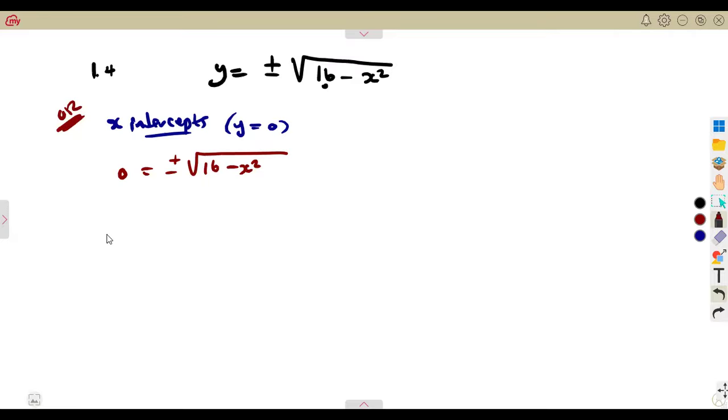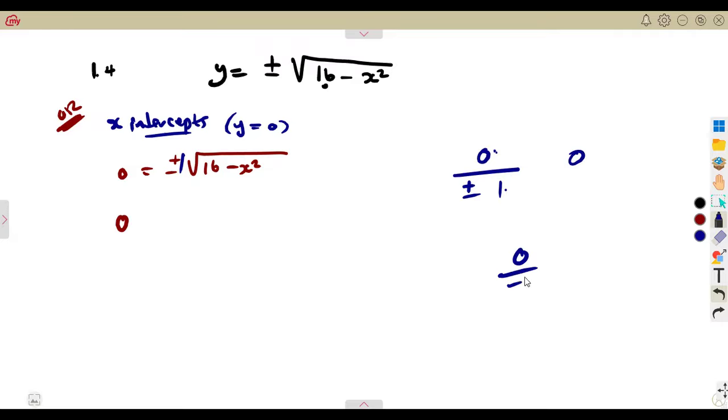Okay? So from there, we can make x the subject. For x, plus or minus is no longer effective because whatever you divide there, 0 divided by any number, whether it's a plus or a minus, it will remain a 0. Let's say you divide 0 by plus or minus 1. 0 divided by plus 1, that's a 0. 0 divided by minus 1, that's a 0.